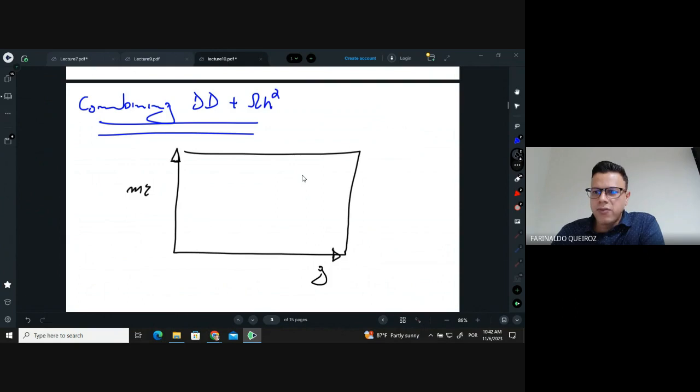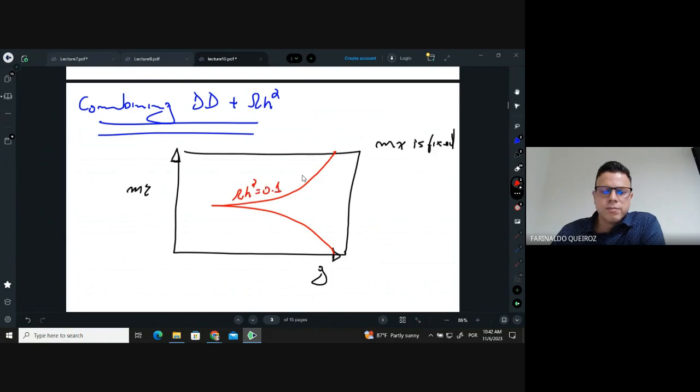And what happens is the following. Now I'm going to draw the same resonance curve, but in a different plane. So I fix m chi to be some value. It's fixed. And then you have a plot which goes like this. And this plot is where omega h squared is equal to 0.1.